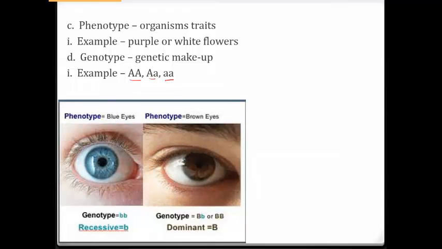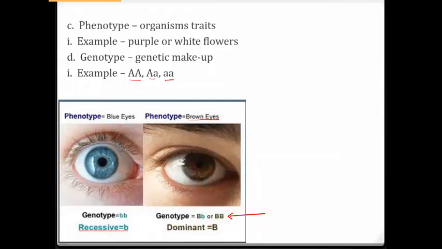So here are some examples of how phenotypes and genotypes are linked up. A phenotype is always going to be very descriptive, maybe what color of eyes you have, brown eyes versus blue eyes. That would be a phenotype. So phenotype: physical trait, physical characteristic. A genotype is going to be what DNA letters do you have?